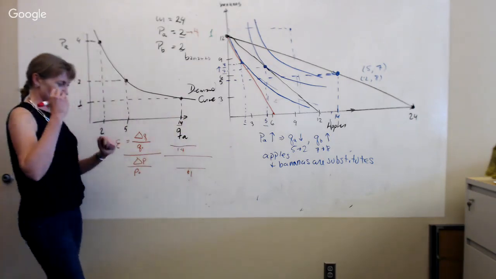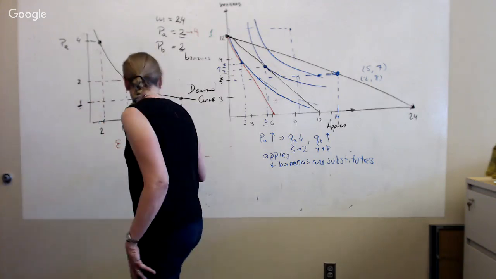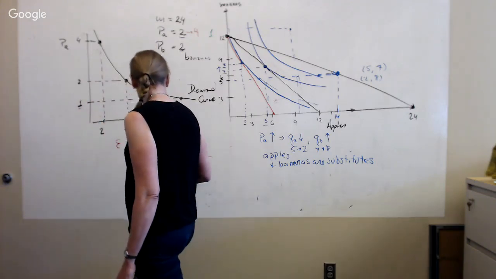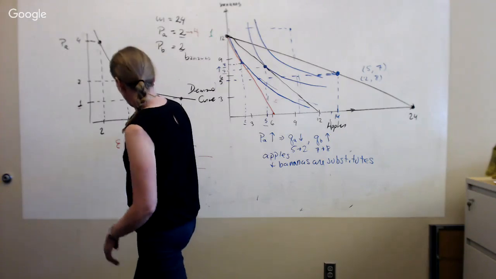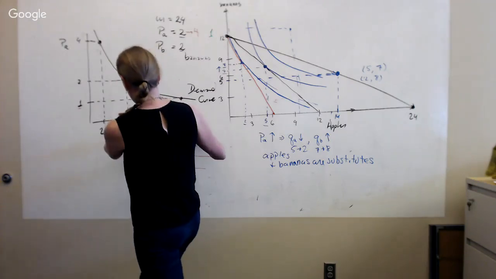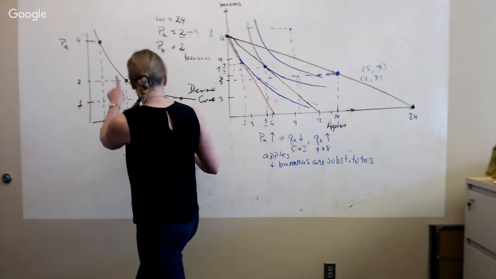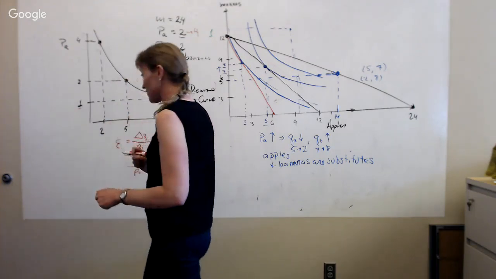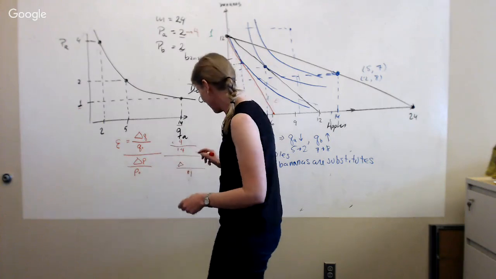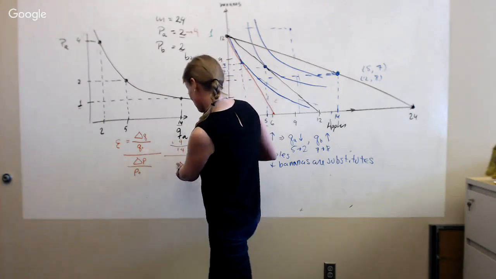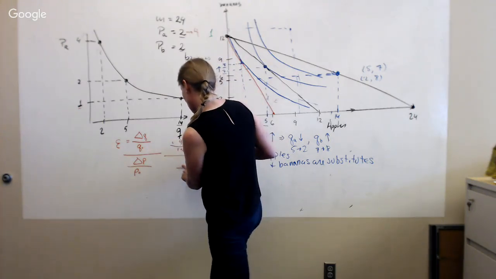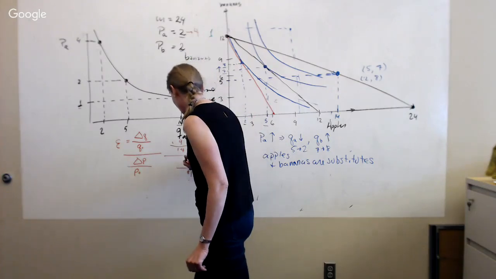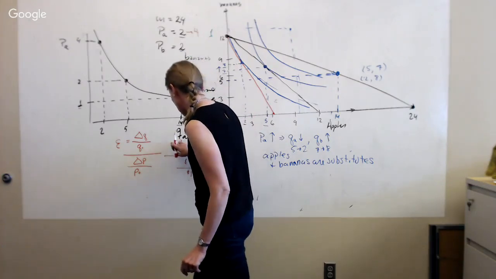The change in quantity is 14 minus 5, so that's 9. So our change in quantity is 9/14. That's a nice number, isn't it? And our change in price is just $1, as the price rises.